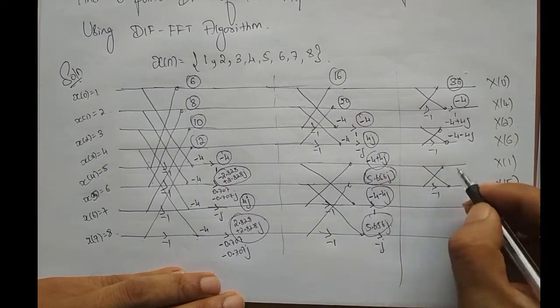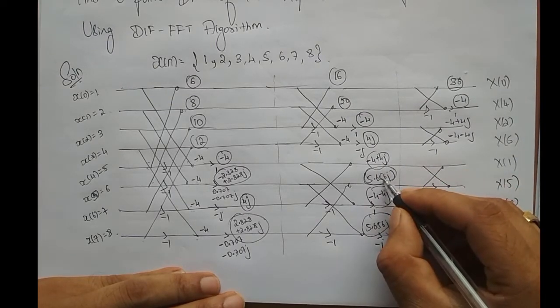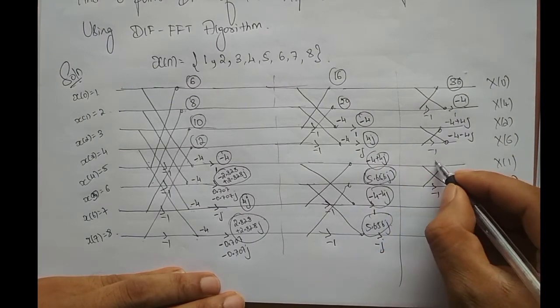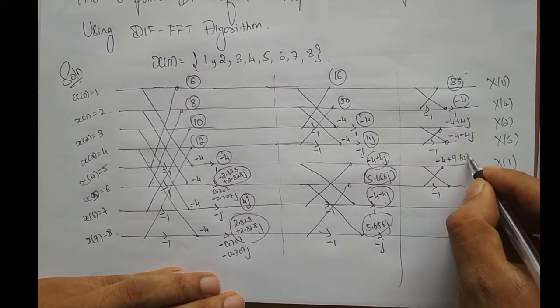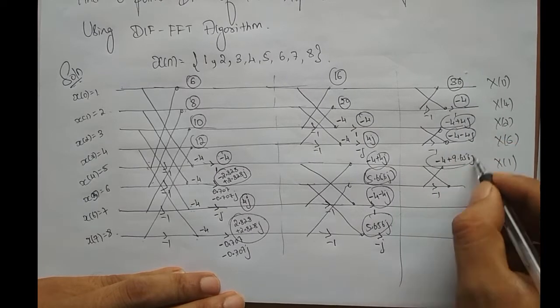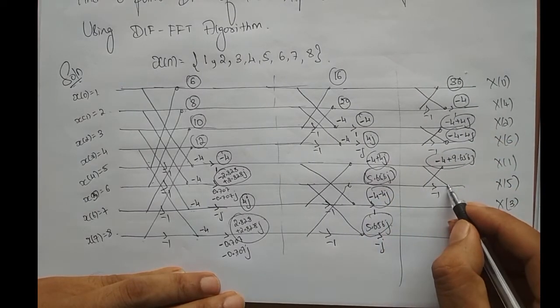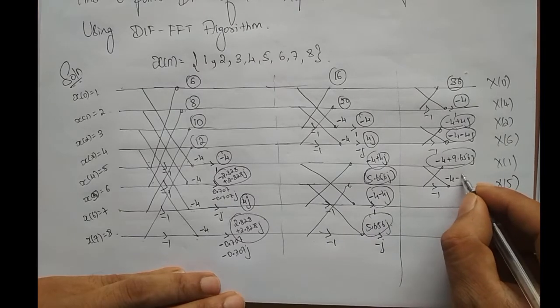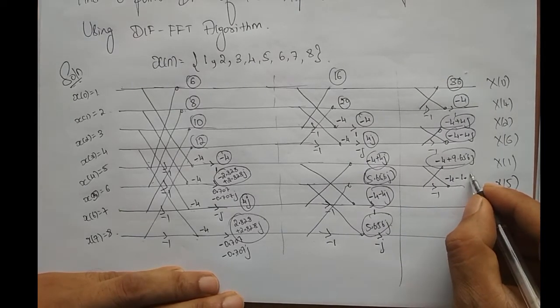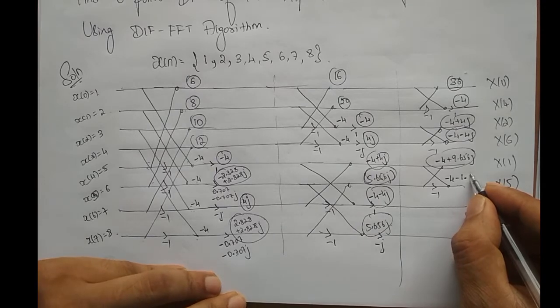So we have minus 4 plus 4j coming here, added with 5.656j, so we get minus 4 plus 9.656j. We have minus 4 plus 4j coming here, subtracted with 5.656j, so we end up with minus 4 minus 1.656j.